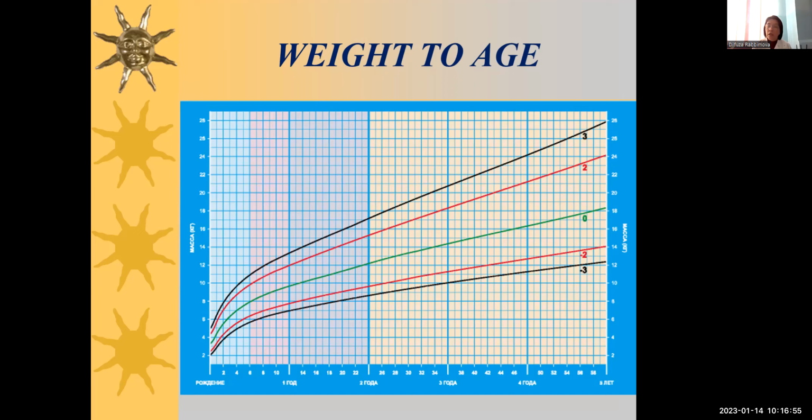If between red and black line, above or below average. If our indicator is above or below the black line, this is a pathologically high or pathologically low indicator.